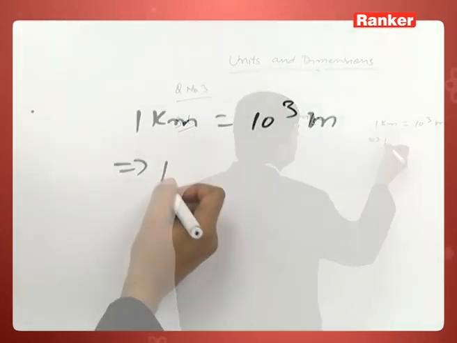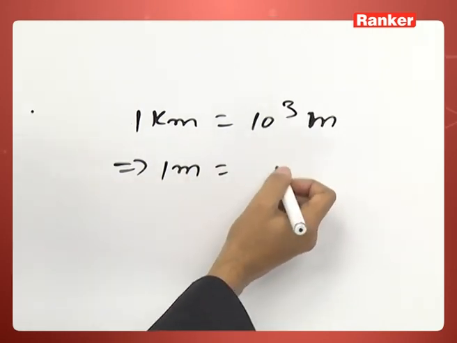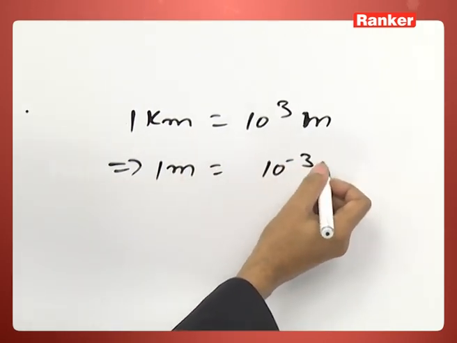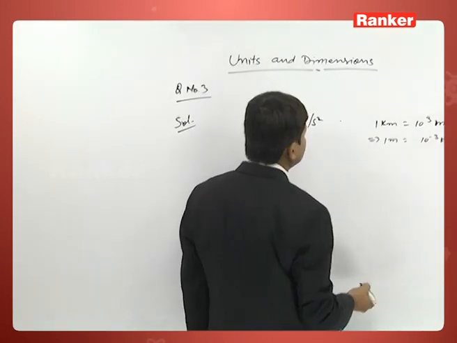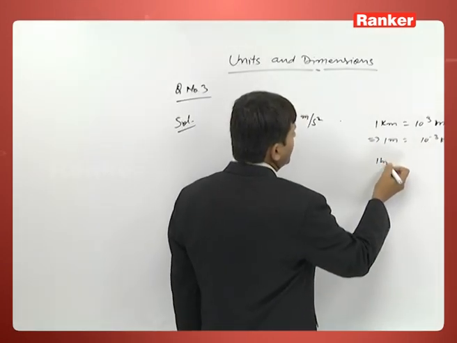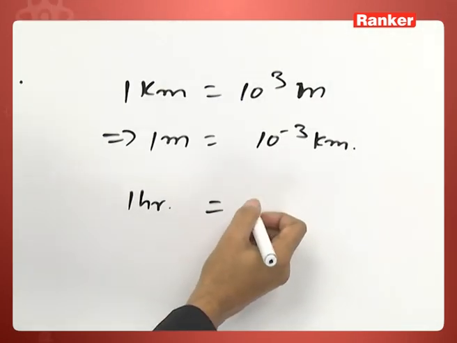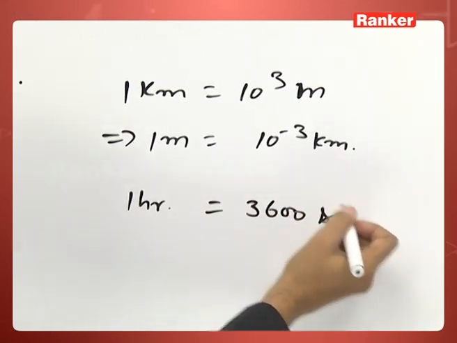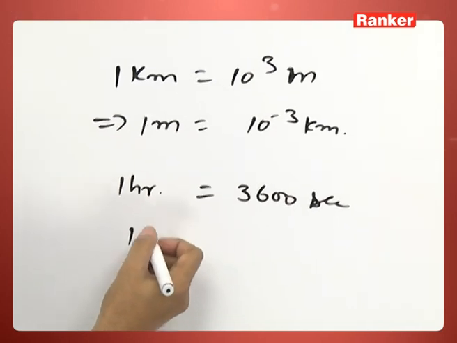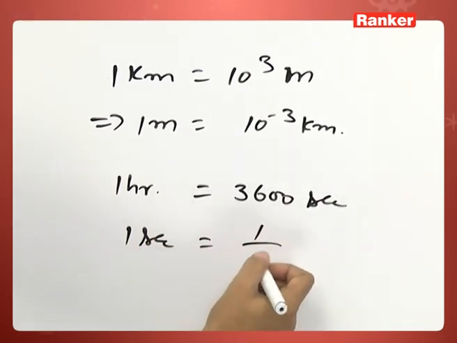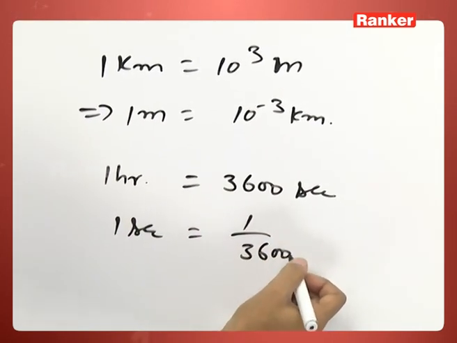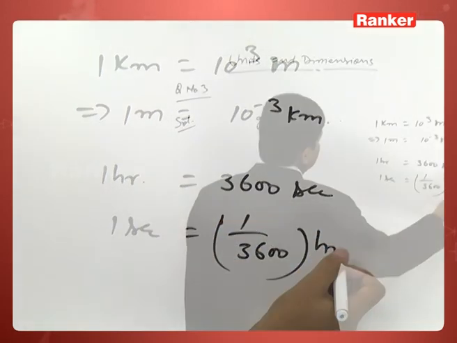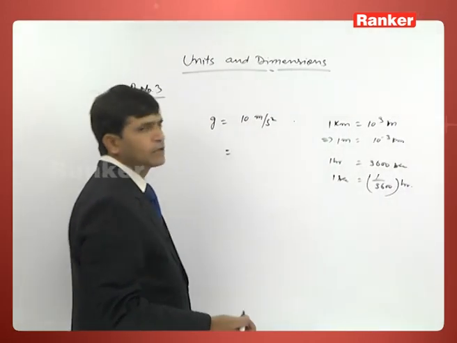So we can say 1 meter is equal to 10 to the power minus 3 kilometer. Similarly, 1 hour is 3600 second. So 1 second is equal to 1 by 3600 hour. In this manner we would like to convert it.